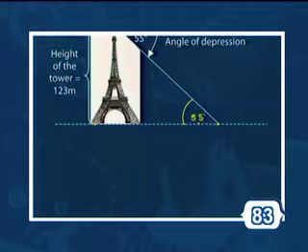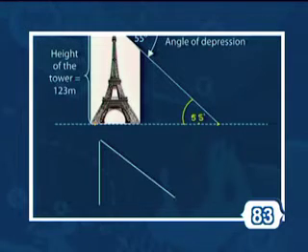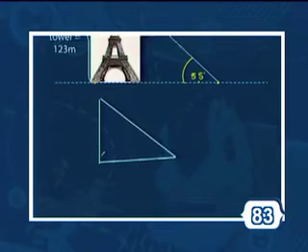sense when we put it all onto a triangle and use our rules that we've learned so far when working with 90-degree triangles. So we're going to draw a triangle as follows. The height of the Eiffel Tower, we know, is 123 meters, so therefore that will be the side that's perpendicular to the ground.